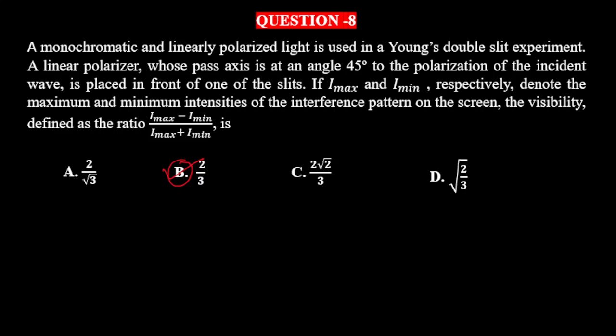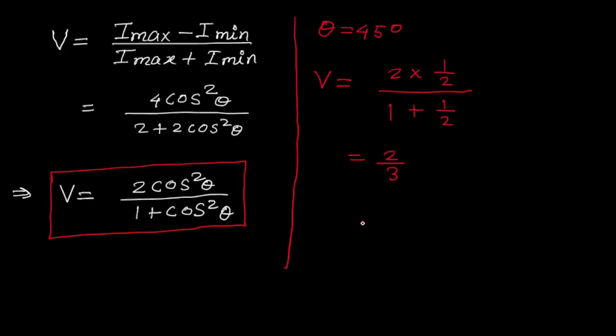And also you can check one thing here. If both the waves have the same state of polarization, that means if we do not put this polarizer, or if we make the optical axis of the polarizer just parallel to the polarization state of the incident wave, then theta will be 0.